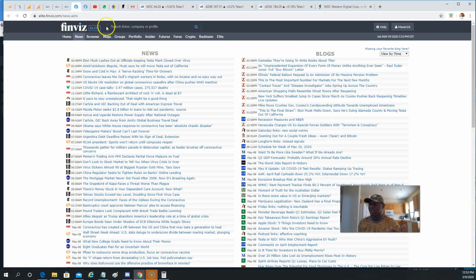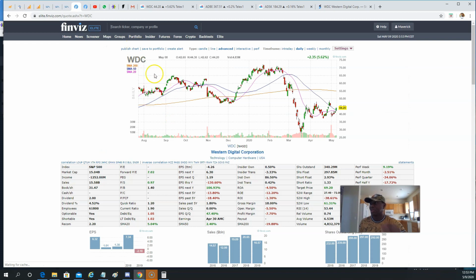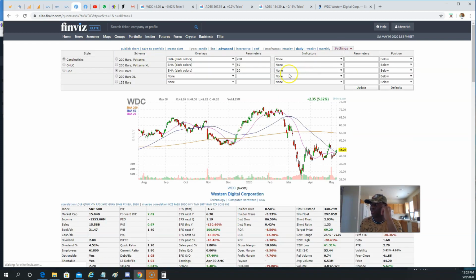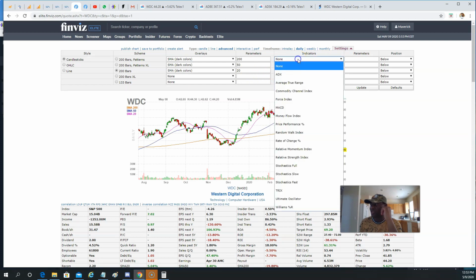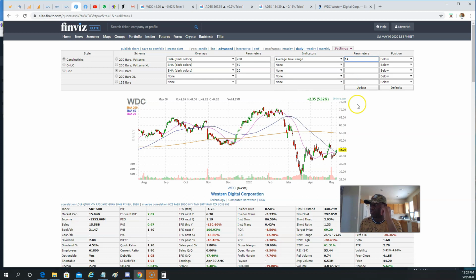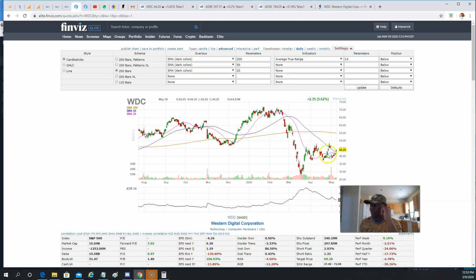If I bring up the Western Digital average true range, I can go into my settings and say bring it on. In this case, average true range, we just say update, and we get that here at the very bottom.